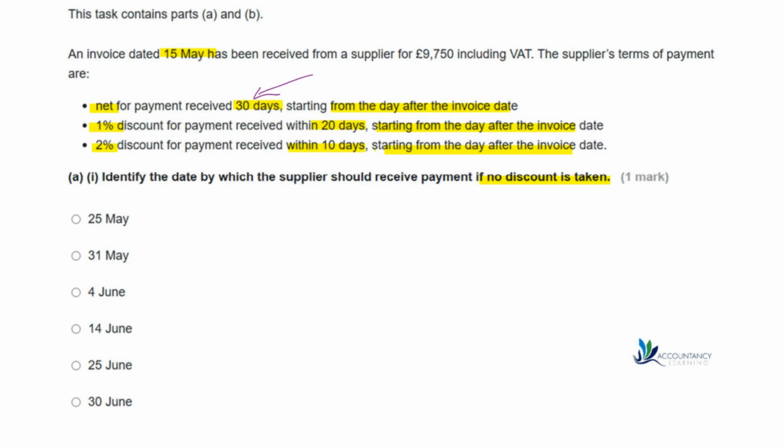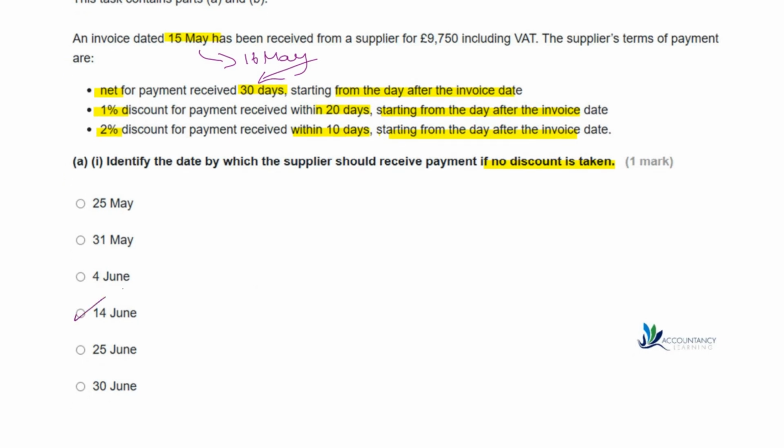So the invoice date is the 15th of May, so we're going to start counting from the 16th of May. We're going to add on 30 days, which will bring us to the 14th of June. So you can literally just count through the month up to 30 days.